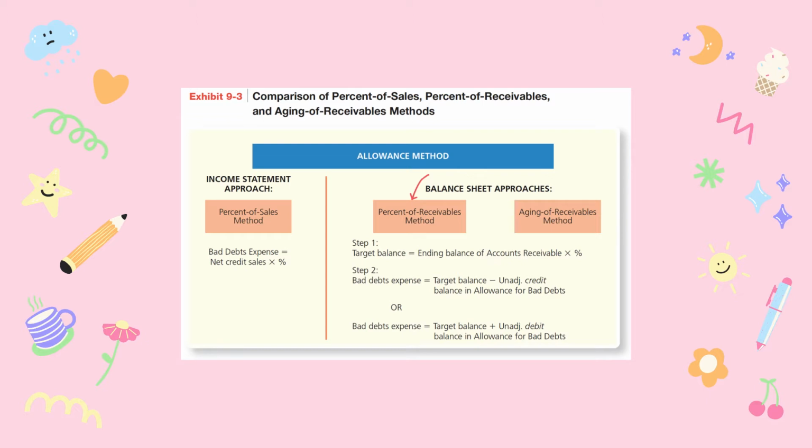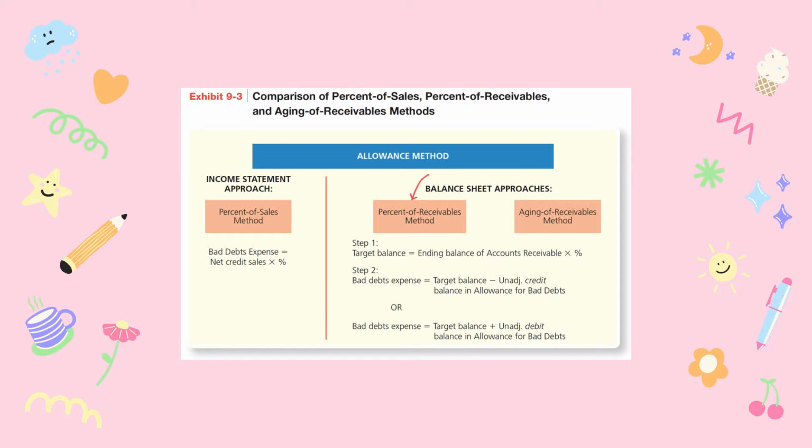So first we need to find the target balance, which is the ending balance of accounts receivable multiplied by the uncollectable percentage. Step 2, to find the bad debt expense, I need to draw a T account for the allowance, and I need to solve for X. It depends if you have a debit balance or a credit balance.